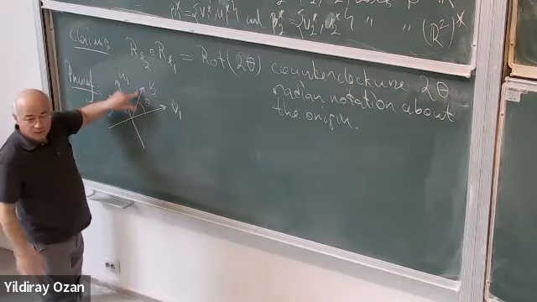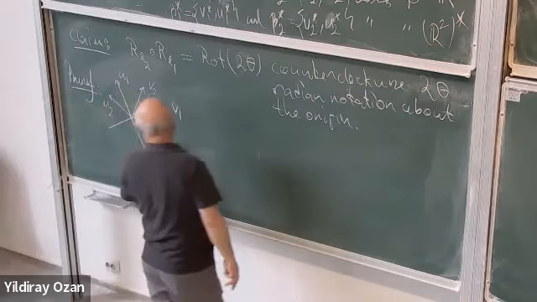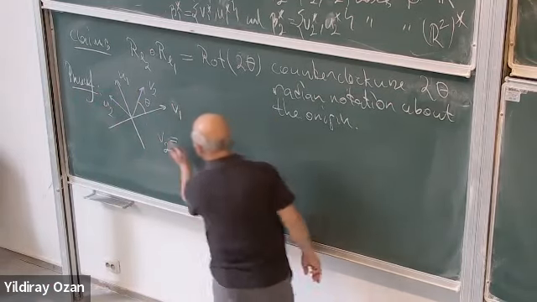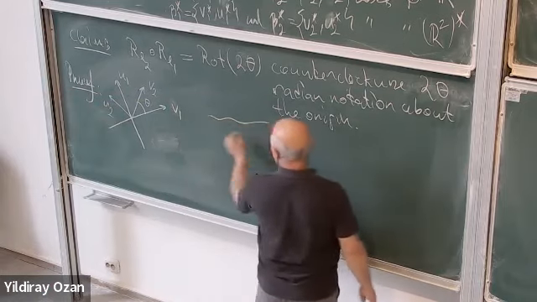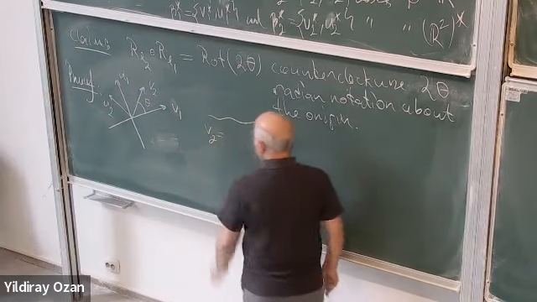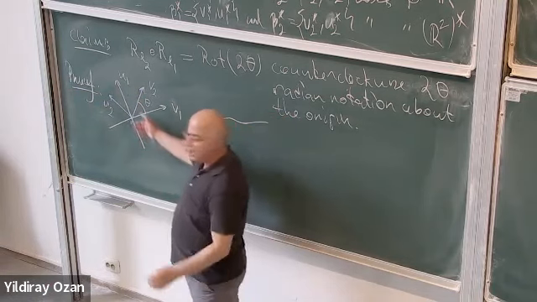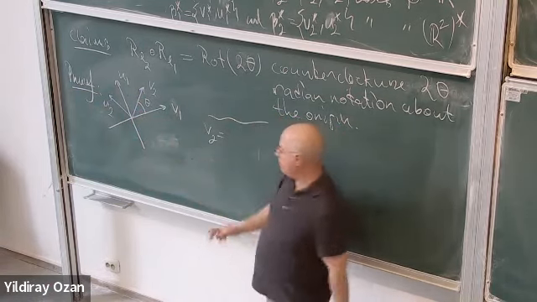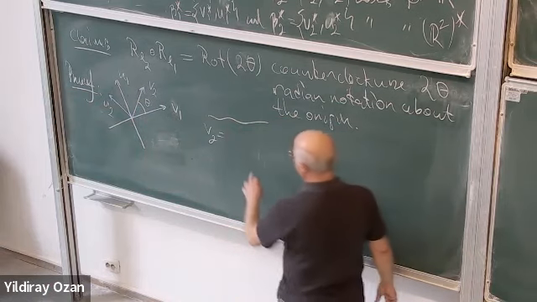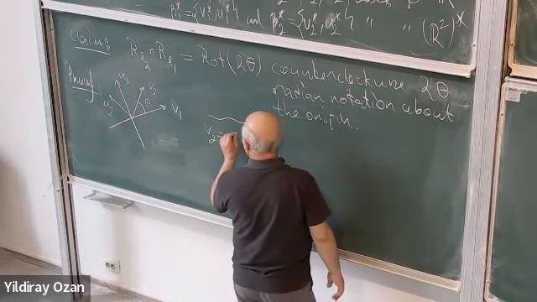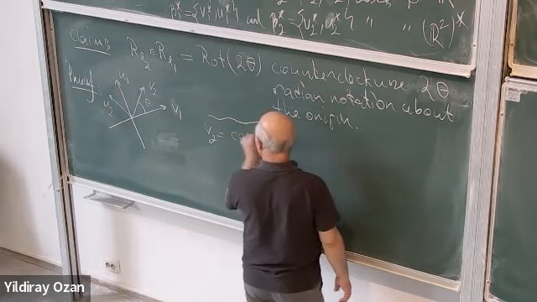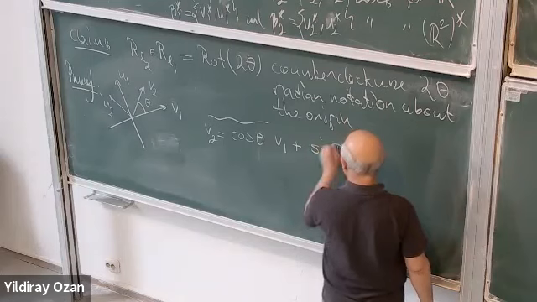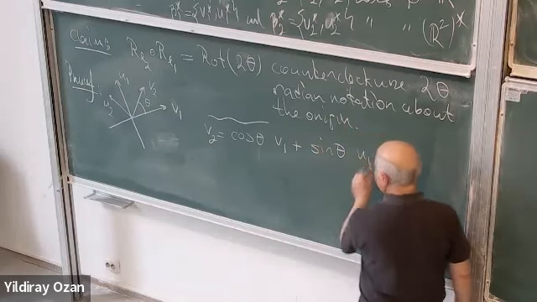Then what would be this vector? Well, V2 is nothing but, right? Let me write here. V2 is just, I can regard all of these as unit vectors, same length. So this is just cosine theta U1 plus sine theta V1.